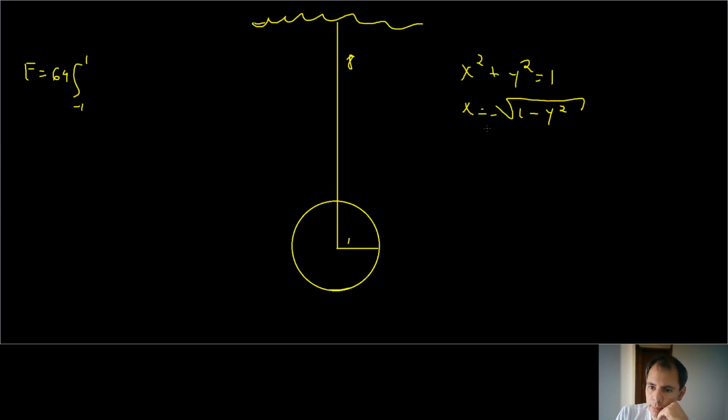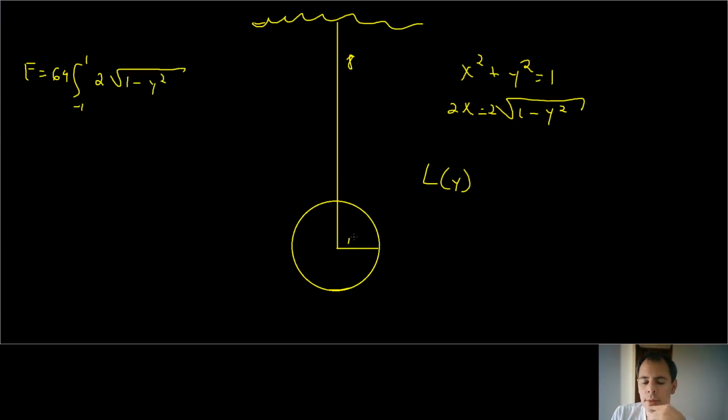You don't have to worry about the minus because we're only concerned with the positive part of X, and we multiply by 2 to get this one. So twice X is the L of y function, which is 2 square root of 1 minus Y squared.